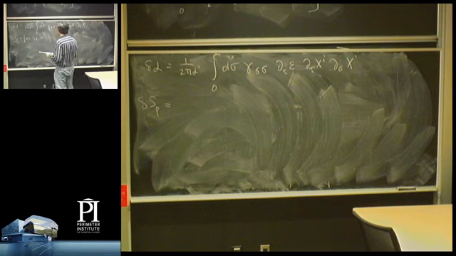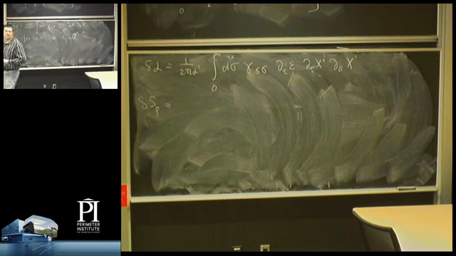an integral, right? Of d tau, del tau epsilon times Q, where Q is the following quantity.